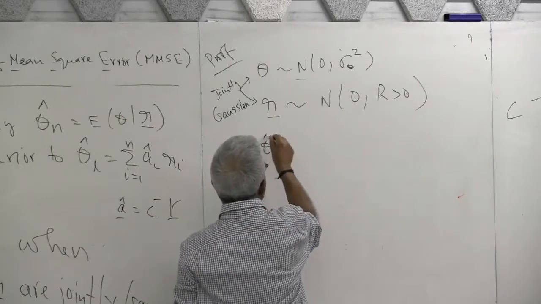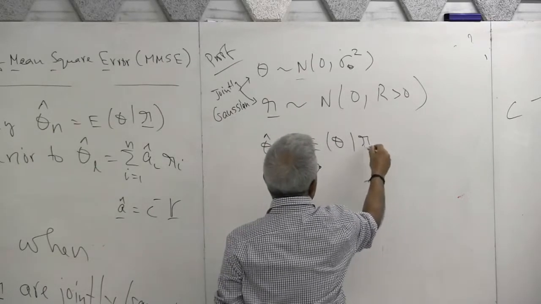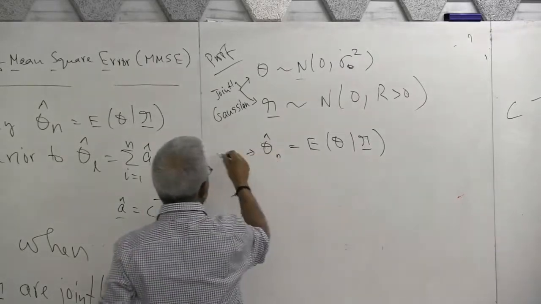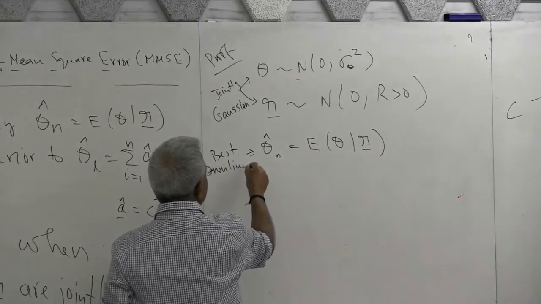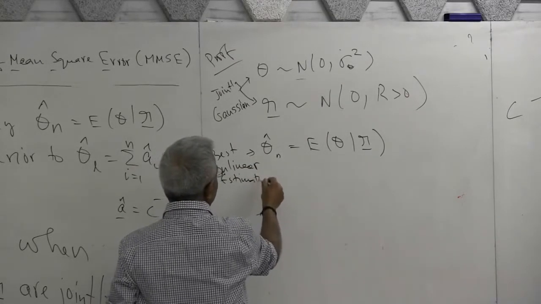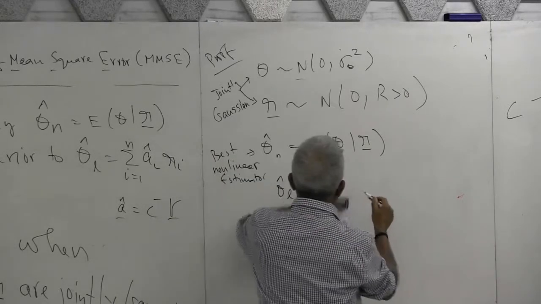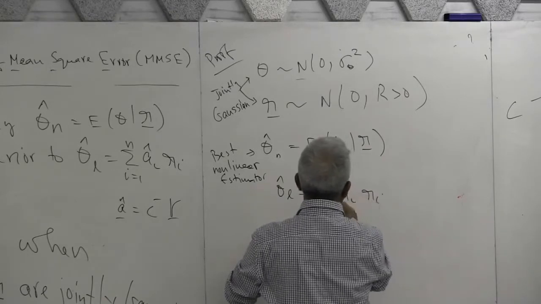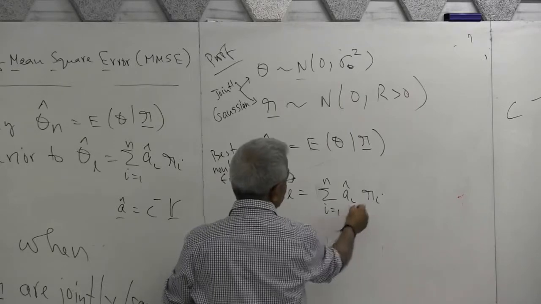Okay. So we of course know that theta hat is the best nonlinear estimator, right? And similarly, we know that the best linear estimator is the summation of ai hat ri, i equal to 1 through n. How is ai hat chosen?